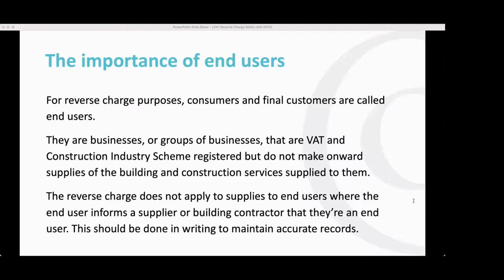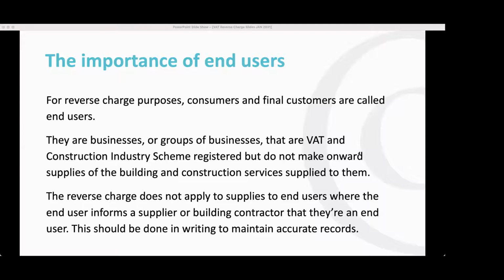The following and any persons connected to them have a relevant interest in land: landlords, lessors, licensors, tenants, lessees, or licensees. A relevant interest in land does not include any temporary rights to occupy land to carry out building and construction services.